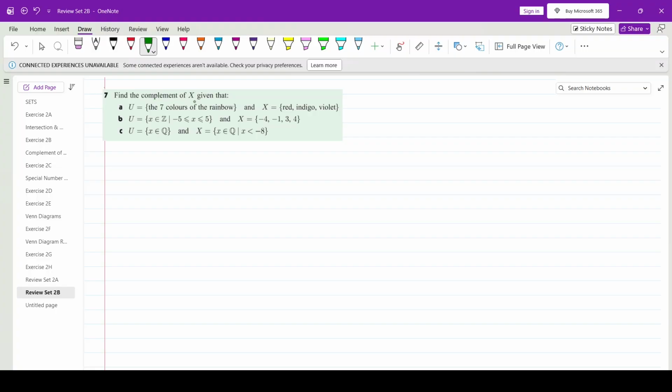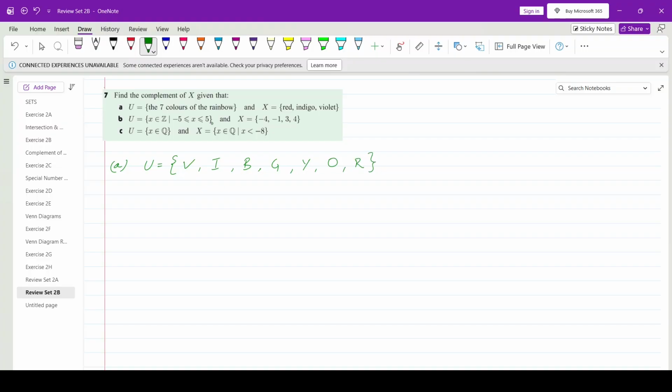Find the complement of X given that the universal set is a set of 7 colors of the rainbow. So what are the 7 colors of the rainbow? That is violet, indigo, blue, green, yellow, orange and red.